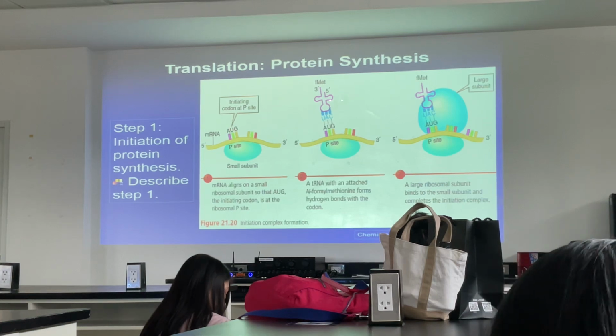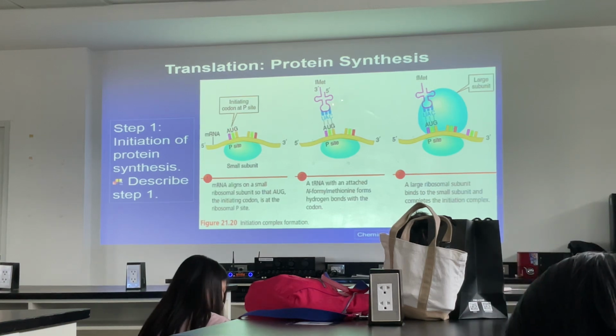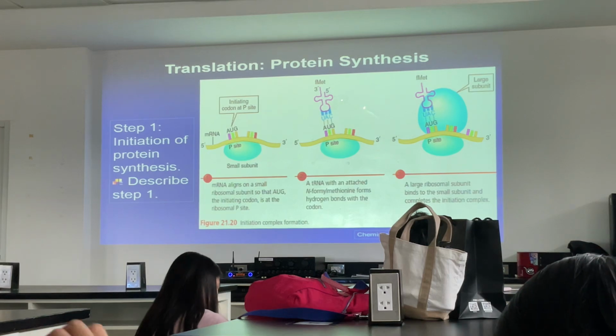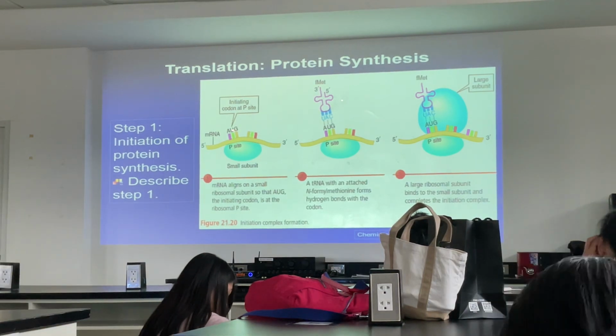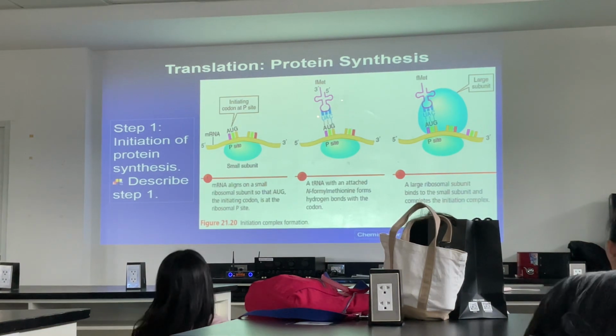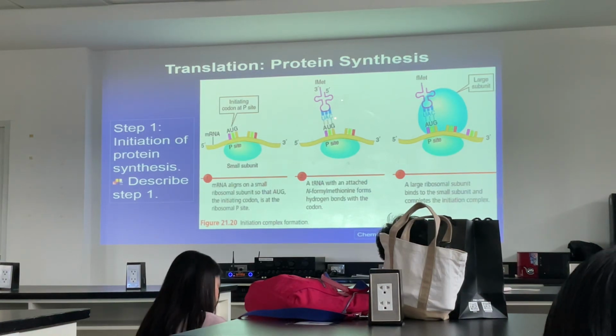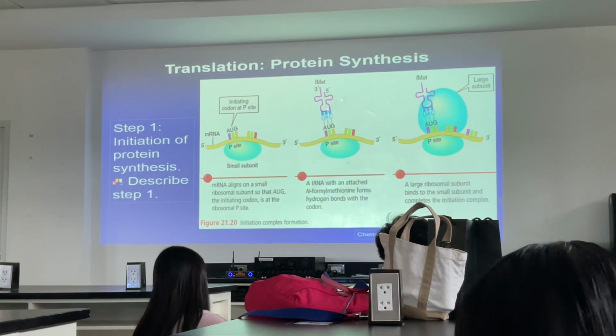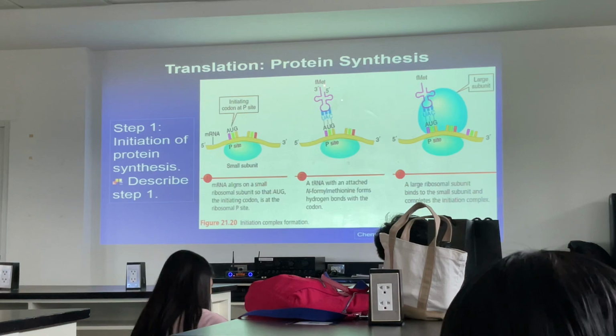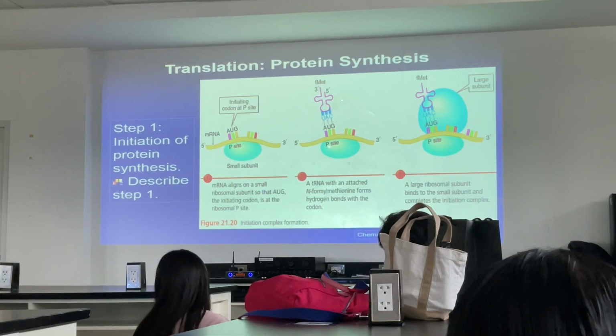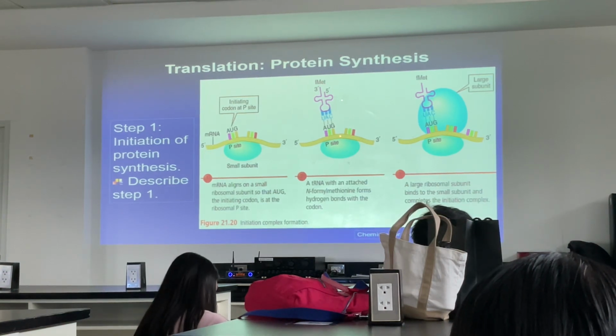How will the tRNA know what specific amino acid to bring? Based on the codon AUG, it has an anticodon UAC. UAC will enable the tRNA to bring methionine to the P site of the small subunit.